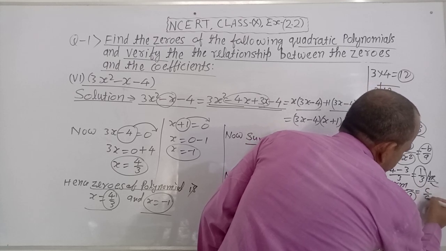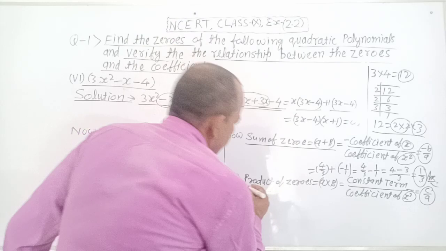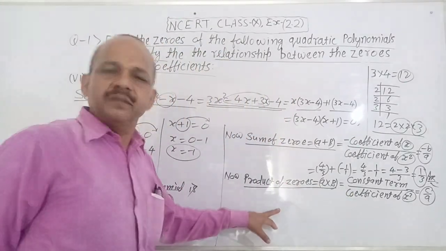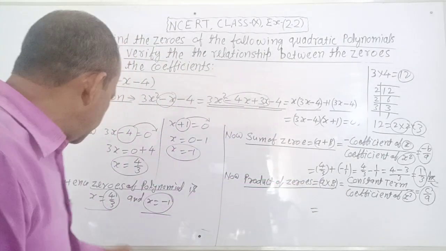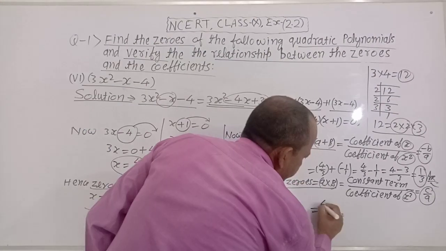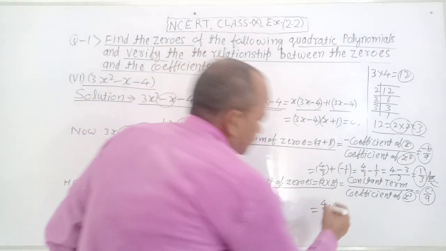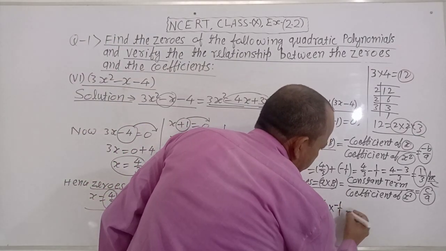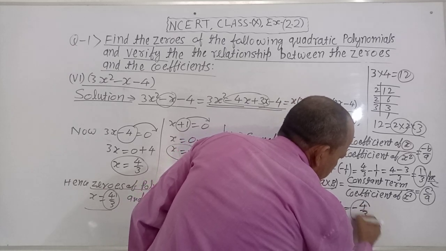Equal to c by a. It is clear? No confusion about it? Very good. Here you can write alpha multiply beta, 4 by 3 multiply minus 1, minus 1 by 1. It becomes minus 4 by 3.